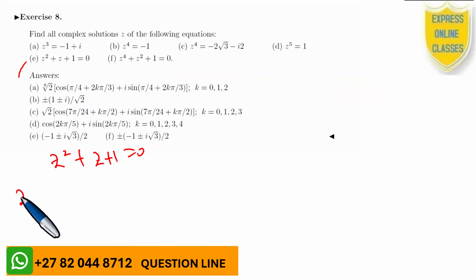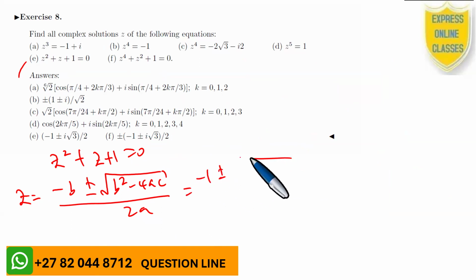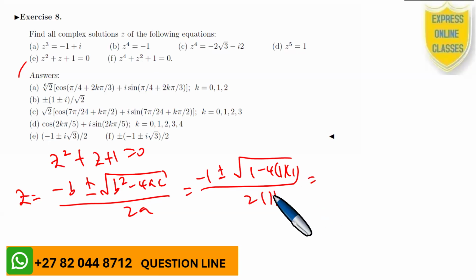Use the quadratic formula. z is minus b plus or minus the square root of b squared minus 4ac, divided by 2a, which is minus 1 plus or minus the square root of 1 minus 4, divided by 2 times 1, which is minus 1 plus or minus the square root of minus 3, which is the square root of 3i, divided by 2.